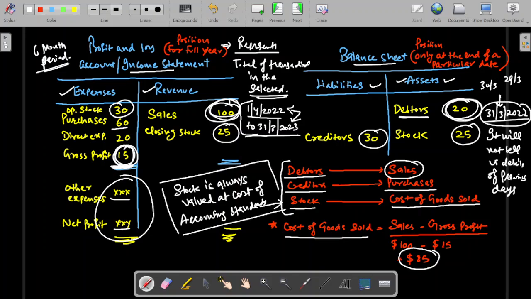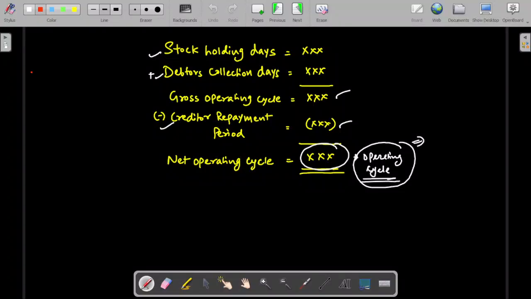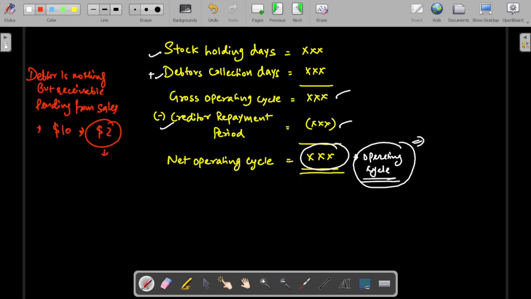So what is a debtor actually? A debtor is nothing but receivable pending from sales. If I have sold goods worth $10 and the debtors are $2, it means that out of these $10 I have not yet received $2.